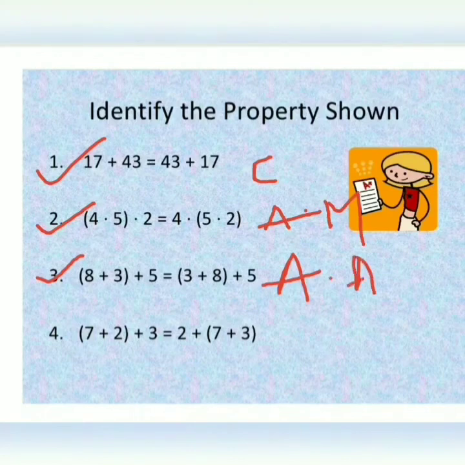Now see the fourth example also. In the fourth example, we have 7 plus 2 within the bracket, and outside the bracket we have plus 3, which is equal to 2 plus 7 plus 3, where 7 plus 3 is within the bracket. So which type of identity is it? This is again the associative property over addition.